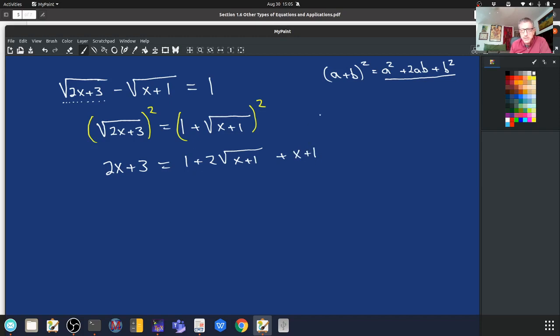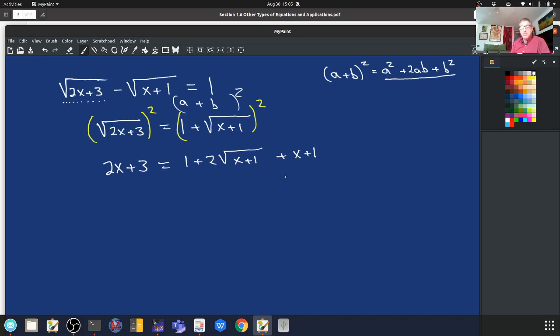So this is my (a plus b) squared. My a is 1, so a squared is 1 squared. My second term is 2 times a times b, so 2 times a is 2, times b gives me 2 on the square root of x plus 1, and b is the square root of x plus 1, so when I squared it, I got x plus 1.